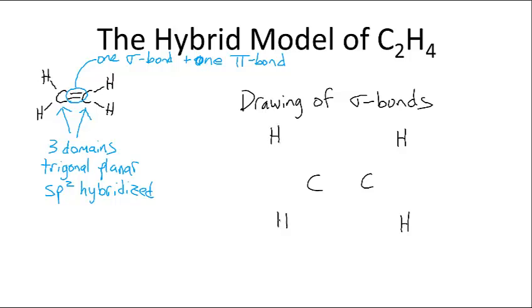I'll stick with green for my carbon hybrid orbitals. So just like before, the 2 carbon atoms make a sigma bond using their hybrid orbitals. And then they're going to make sigma bonds with the hydrogens using those hybrid orbitals.